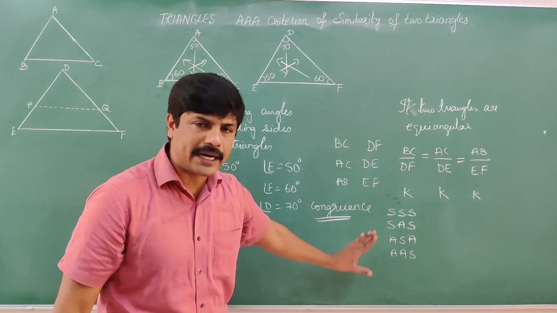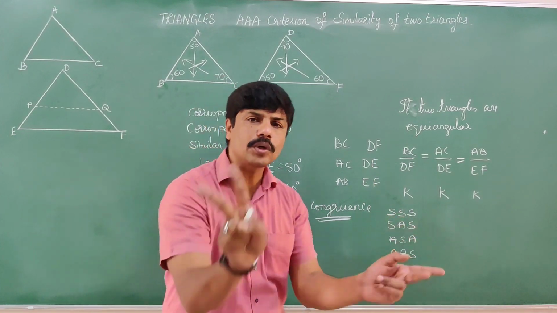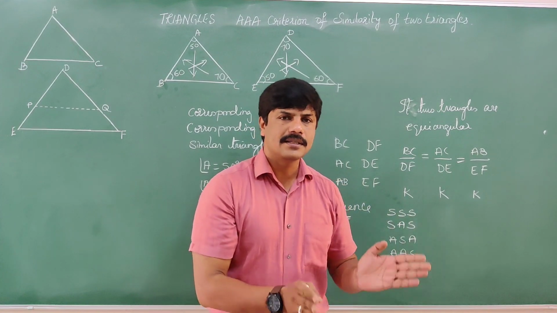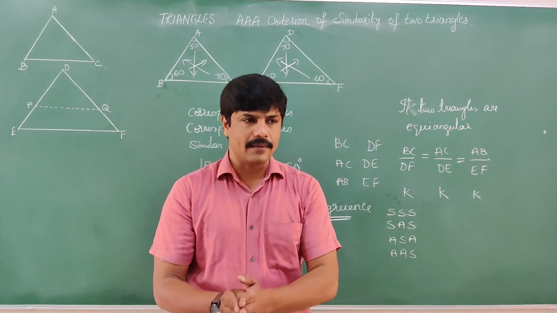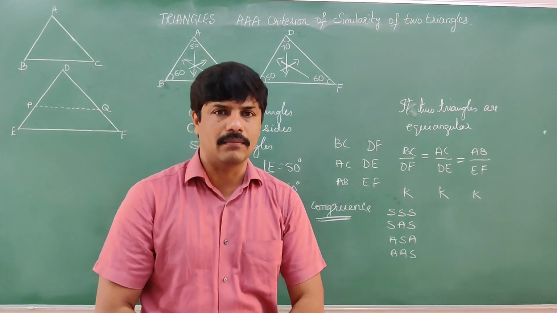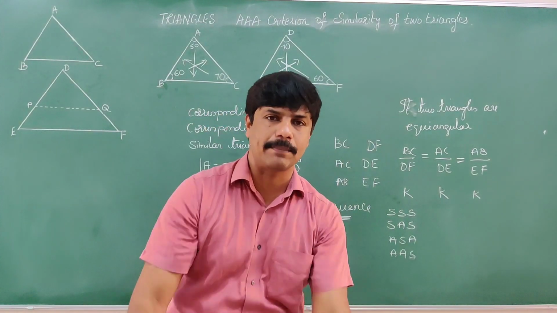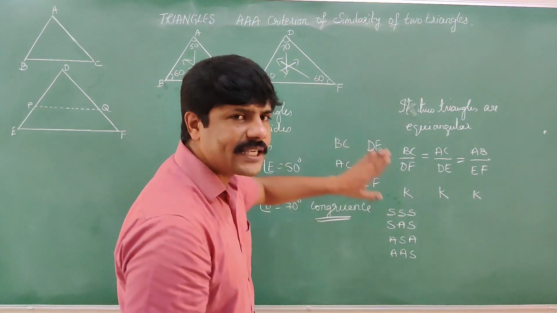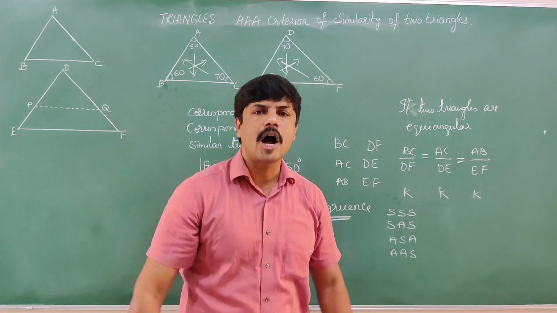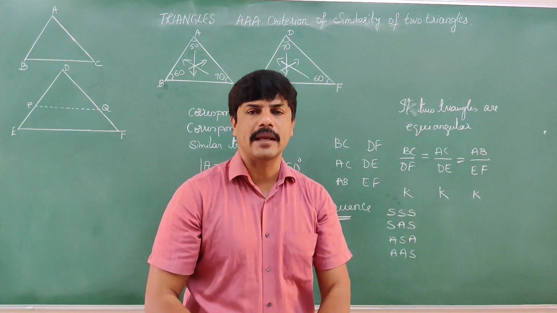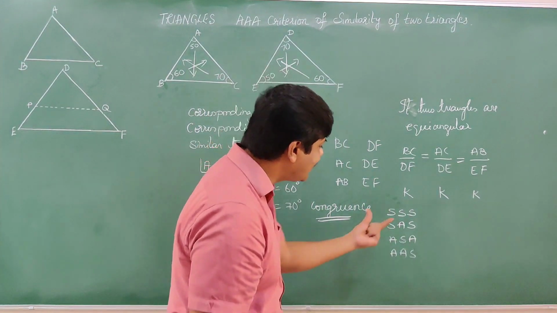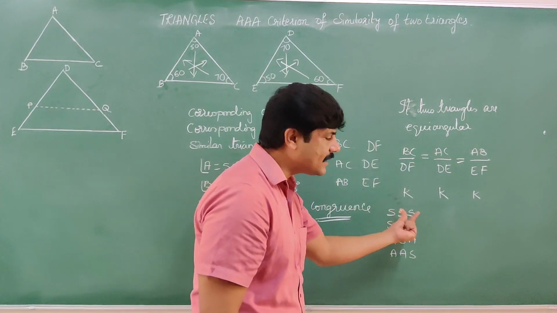These are the four postulates that prove the two triangles are congruent. There is a lot of difference between similarity of triangles and congruency of triangles. Similarity of triangles means they are not exactly equal, but they have the same shape. But congruency means they are exactly equal. All the sides are equal, all the angles are equal, its area is also equal. Therefore, they are called congruent. Congruent means exactly equal.